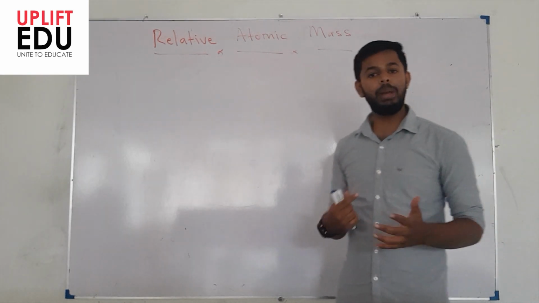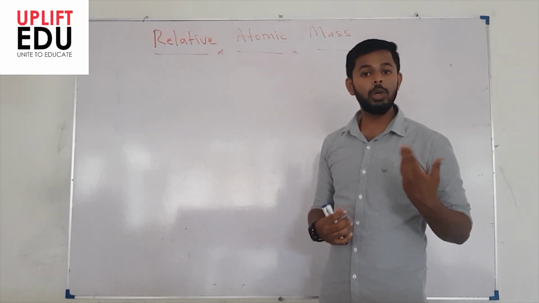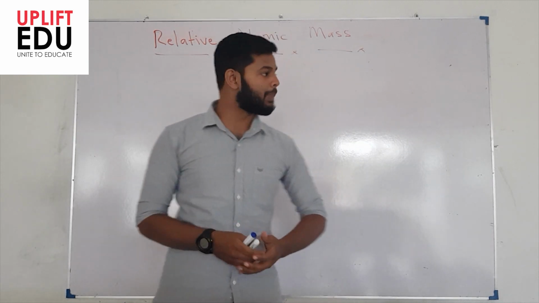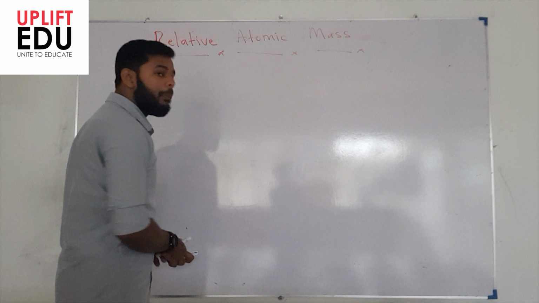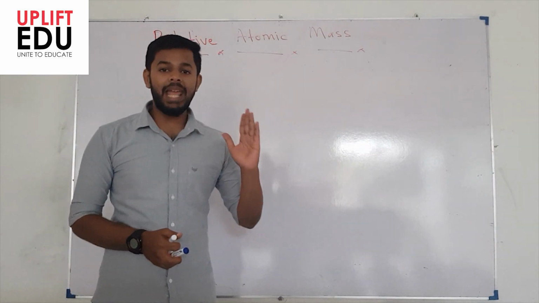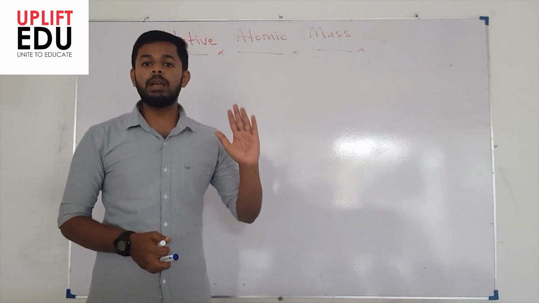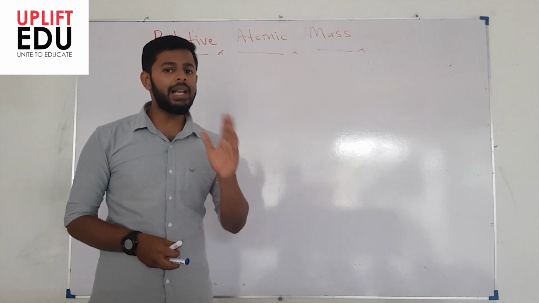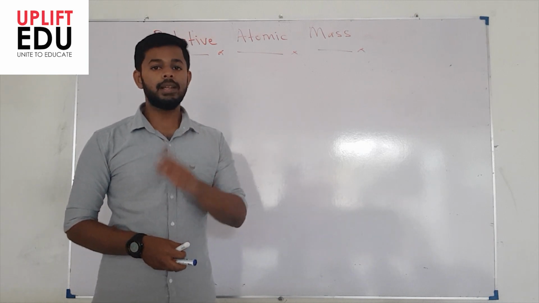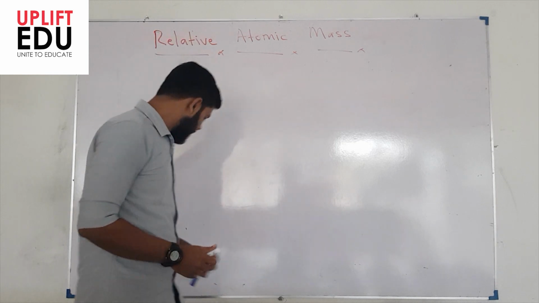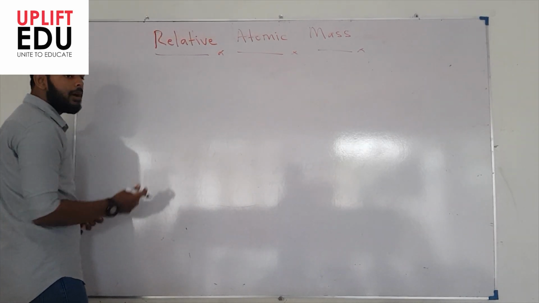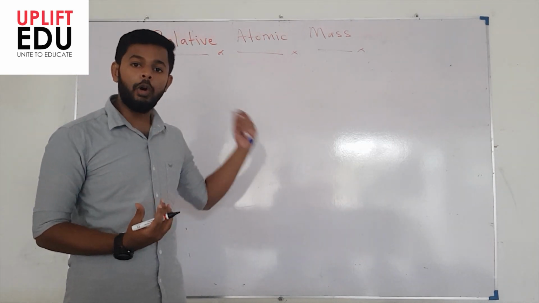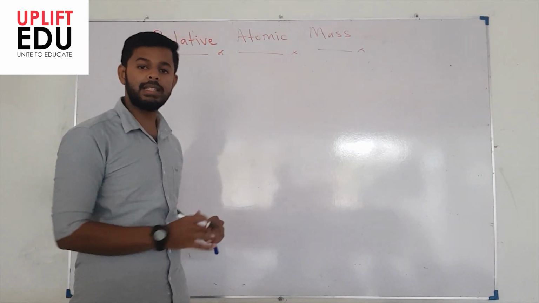On the same page you can have a look at some worked examples. Let's concentrate on the second worked example. They give the mass of a certain element A as 8 times the mass of a 12 carbon isotope, right? And they are asking to find the relative atomic mass of this A. Whenever we get such a question, the first thing we have to do is write the formula we have studied for what they are asking.